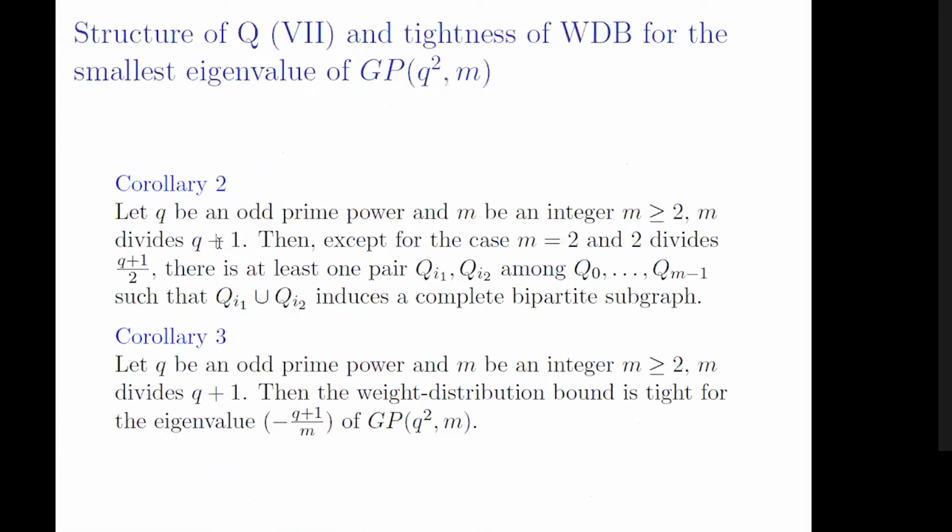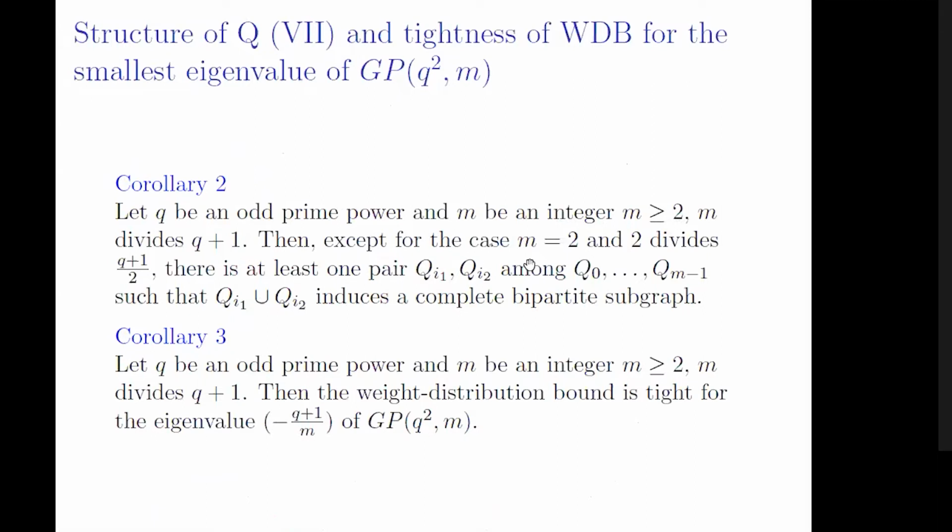And as a corollary, we get the following: let q be an odd prime power and m be an integer greater than 1, or greater or equal to 2, m divides q plus 1.